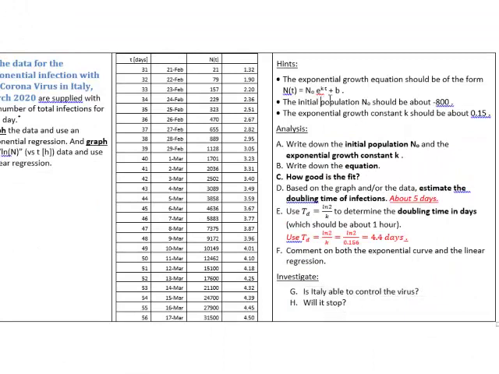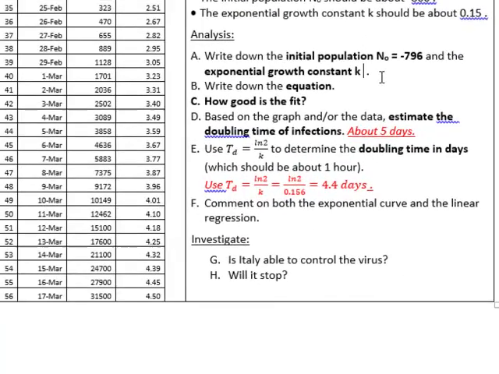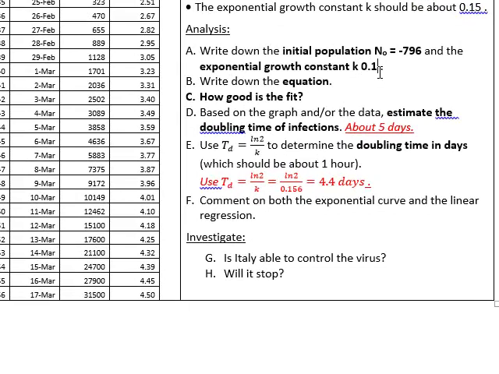So the initial population is at about negative 800, or negative 796 is what it said. And again, it's only because of the way the data came out. The exponential growth constant is 0.156, and of course it's positive because it's growing. Write down the equation.